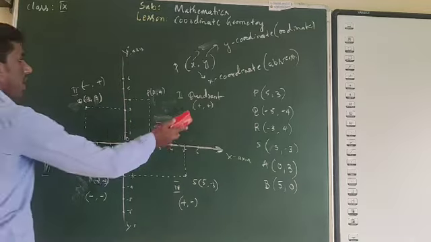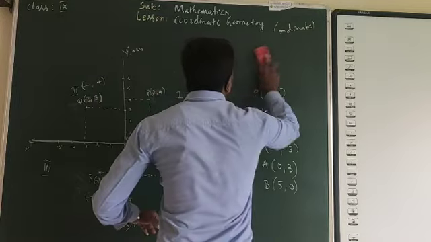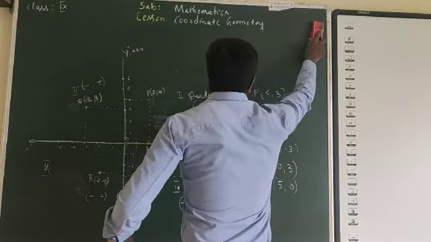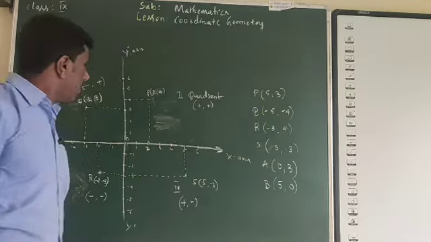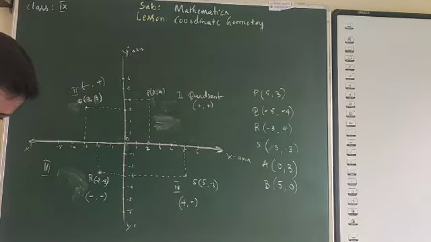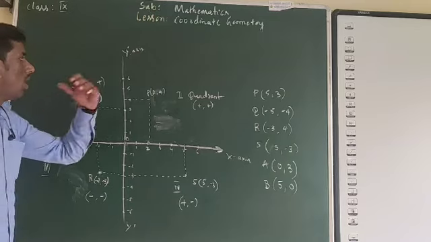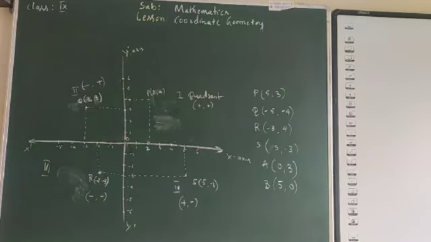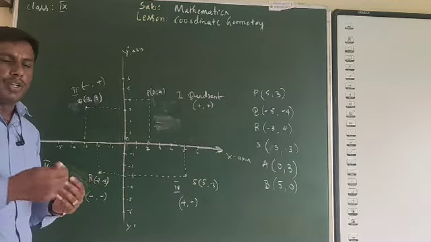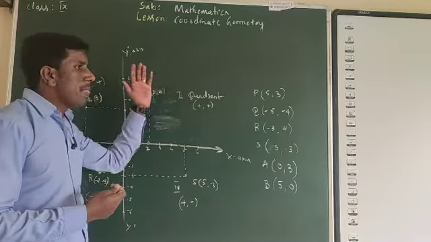So we have learned about these things. Now we learn about locating the point. When they give the point, we can get what is the abscissa and what is the ordinate in that particular point. So if they give the point, how do we locate that point on the plane?